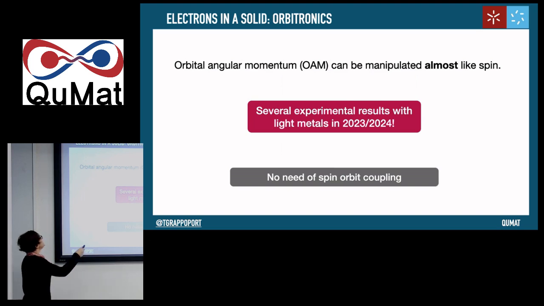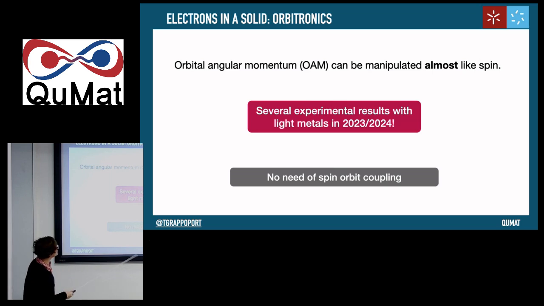Okay, so the idea is that we can manipulate orbital angular momentum almost like we manipulate spins. And I will show that there are several experimental results doing these manipulations in light metals. Now the question is, why would you like to do something like that, right?